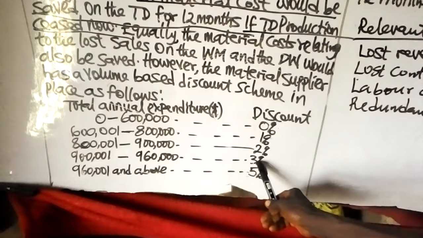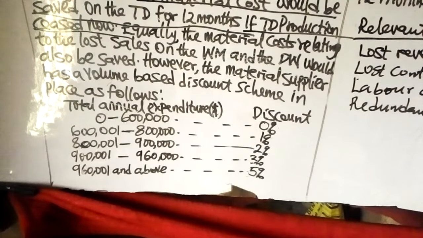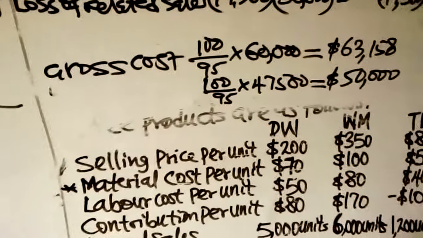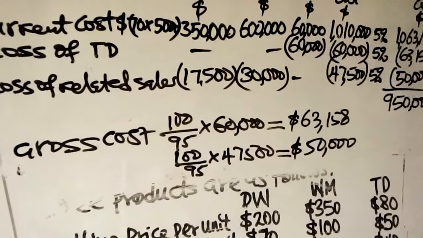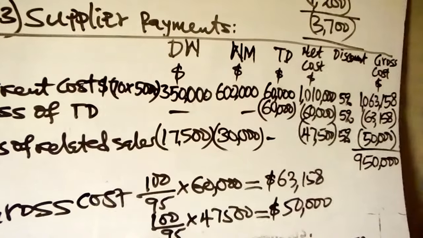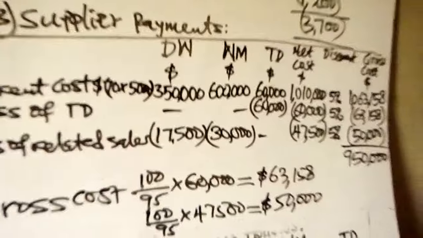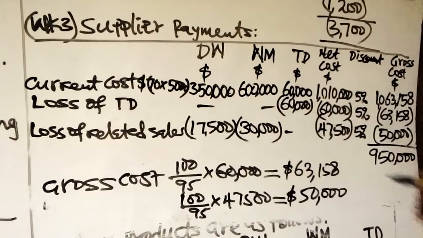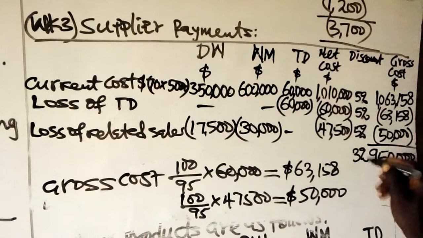That means the discount you will enjoy will be 3%. So instead of a 5% discount, you will only enjoy a 3% discount. Your discount has been reduced if you cease TD.